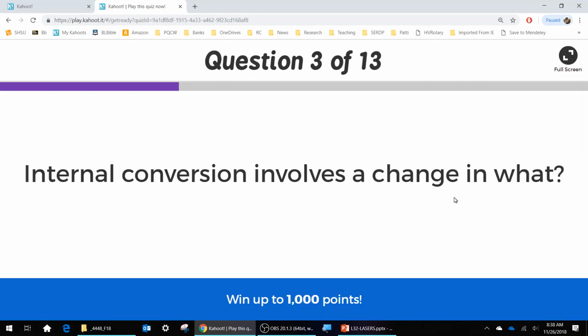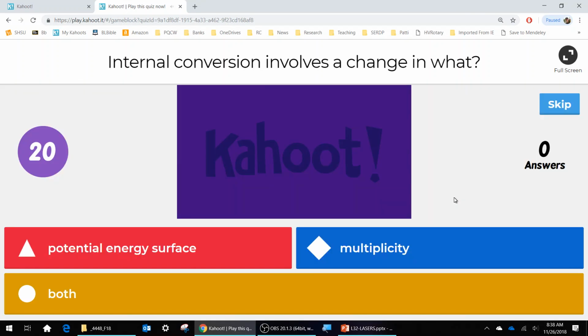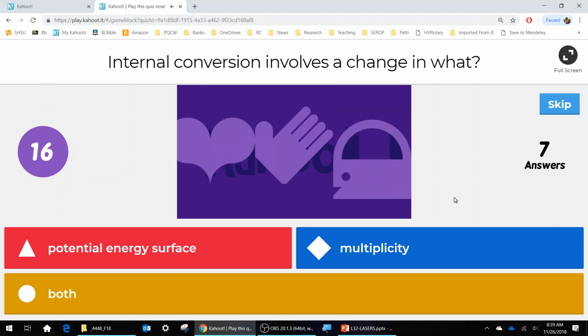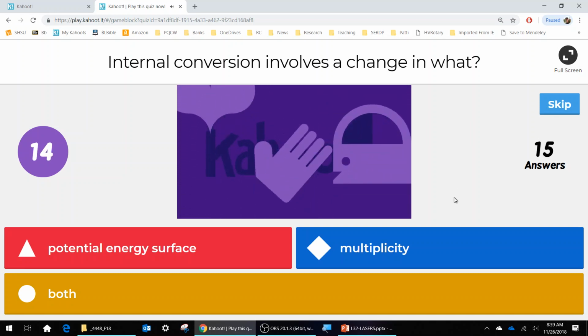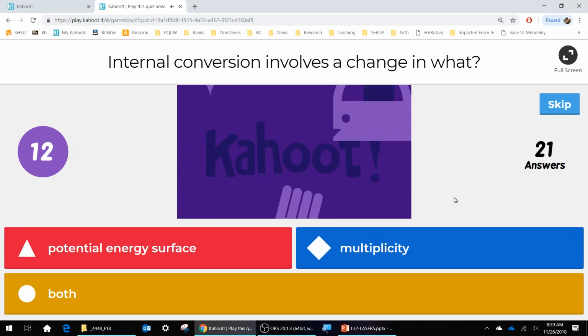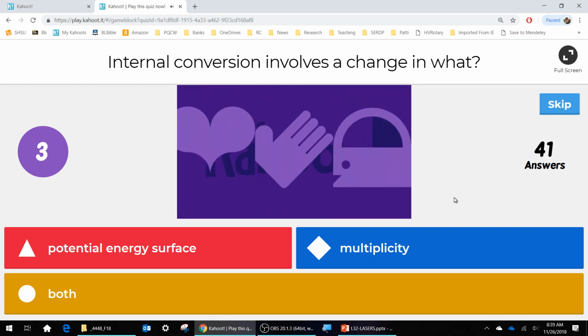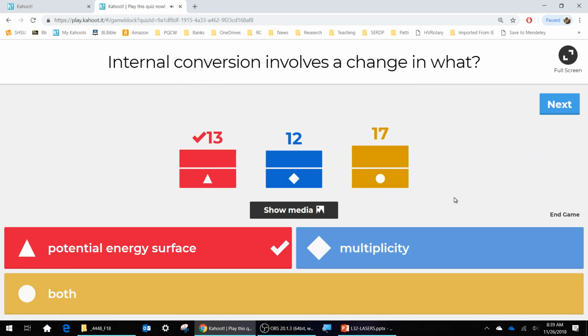Internal conversion involves a change in what? Potential energy surface, multiplicity, or both? Potential energy surface only. So internal conversion, there's no change in multiplicity.